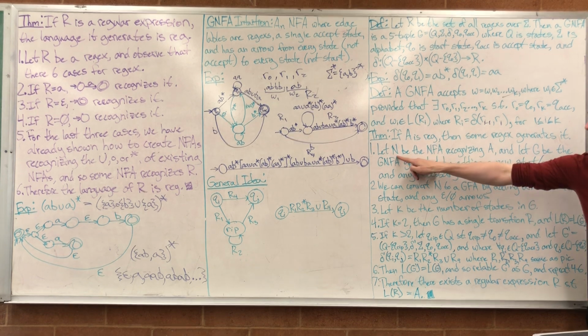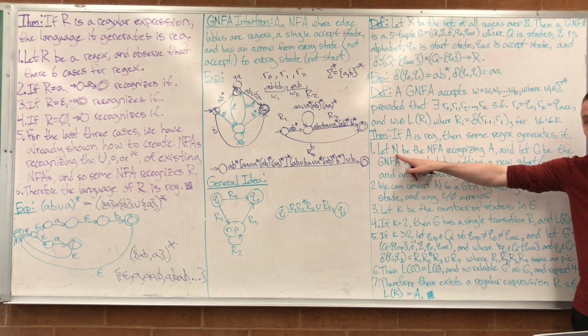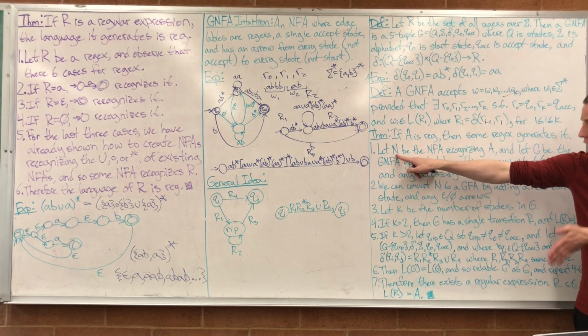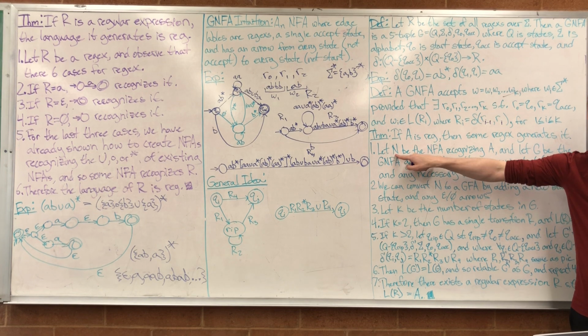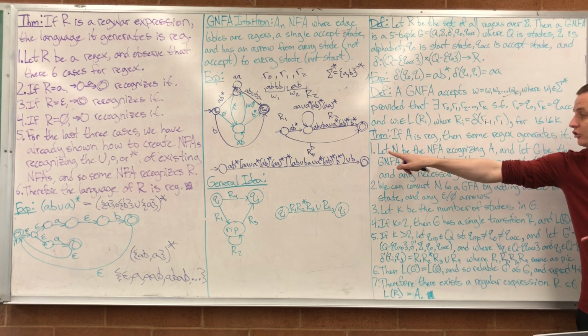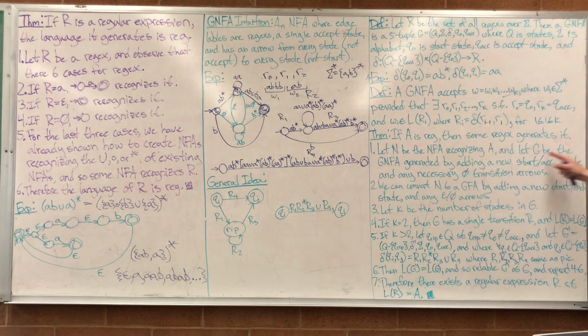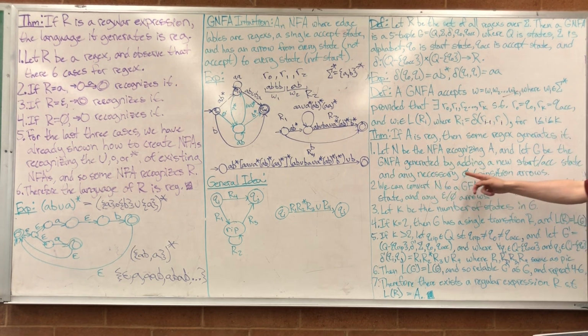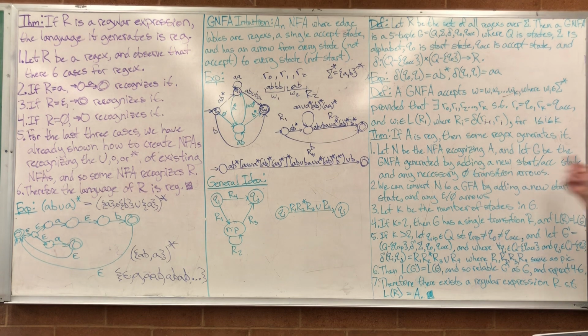Now, we can convert N, our NFA, to a GNFA by restricting it to only have one accept state and then adding all the empty arrows that we need. So let M be the NFA recognizing A, and let G be the GNFA generated by adding a new start/accept state and any necessary empty transition arrows.